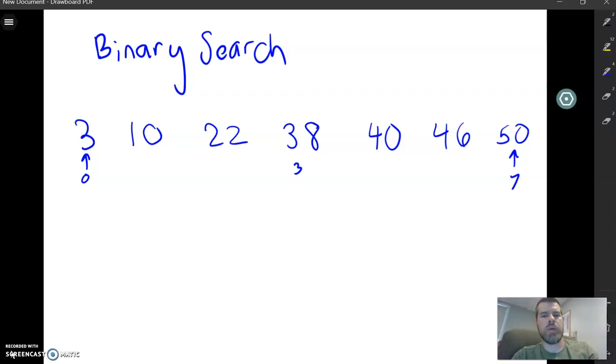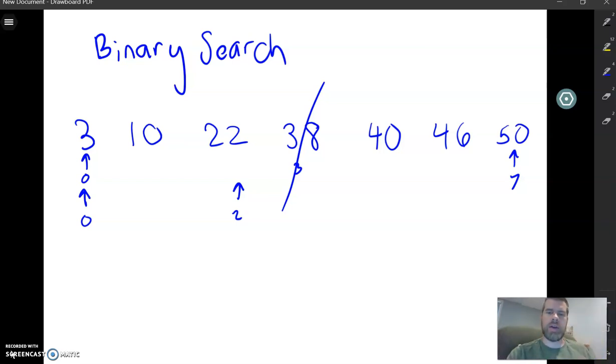So the next time that we call our function, we will be looking at index 0 to index 2, right? We know it's not index 3. We already looked at that. If it was index 3, we would have been like, hey, we found it, index 3, done. That's one of our base cases. Remember, with recursion, we have base cases where we have to stop. One of the base cases is I found it.